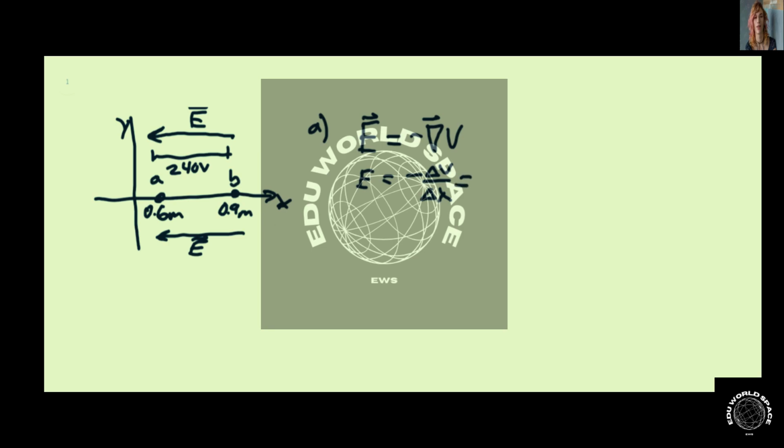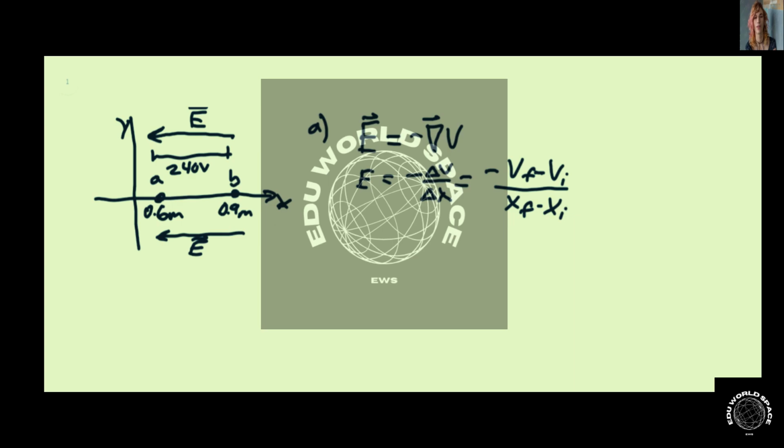So this tells us that we have negative V final minus V initial over X final minus X initial.